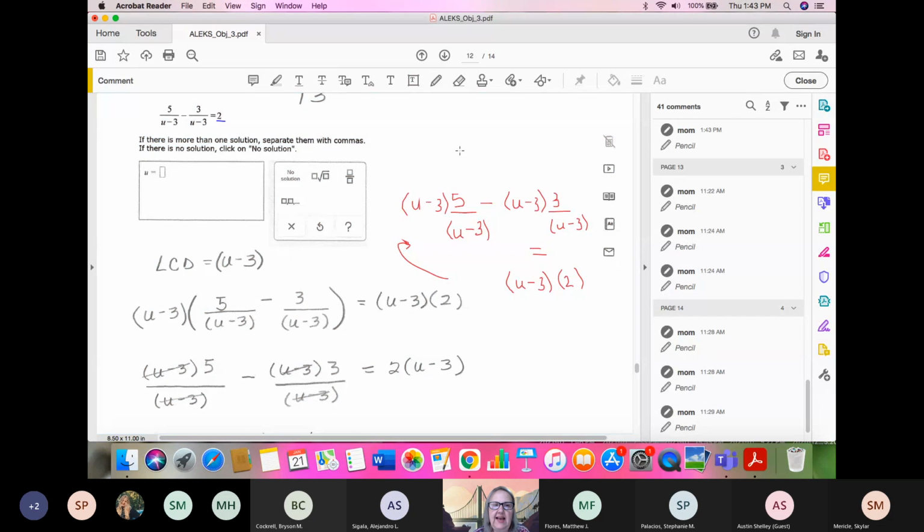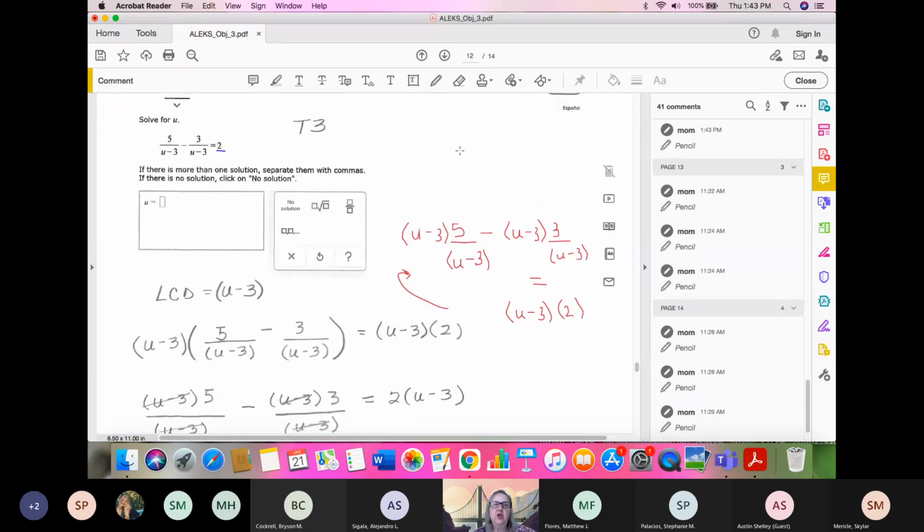Before we put that 7 down there, though, let's look at the problem in its original form. You want to factor your denominators, but we don't have any to factor in this problem. So not all steps are going to apply to all problems.